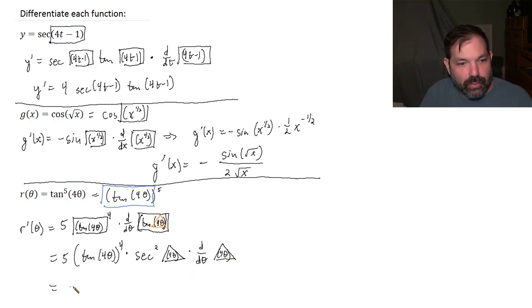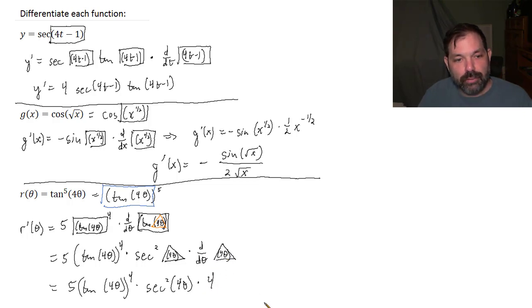All right, so what do we have? We have 5 tangent 4 theta, all raised to the 4th power, secant square of 4 theta, and then the derivative with respect to theta of 4 theta is simply 4. And we can clean this up a little bit. 5 times 4, this is all being multiplied.